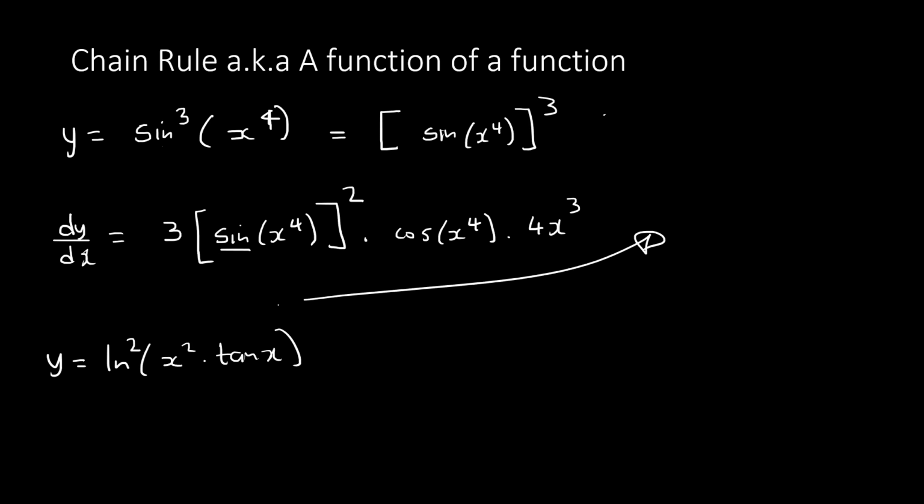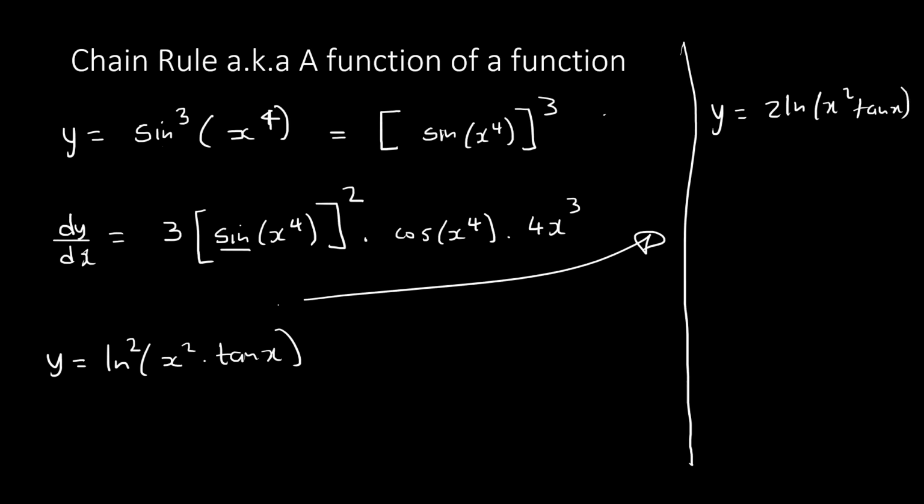But remember, if I have squared here, this is something I would like everyone to avoid. If I have squared there, just write it as 2 ln to avoid having many things.